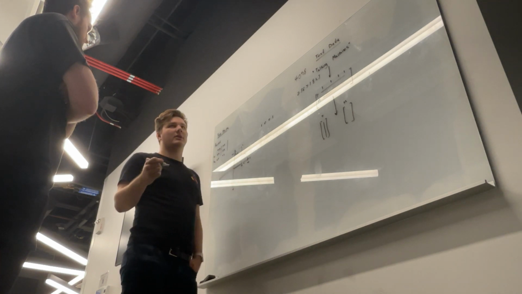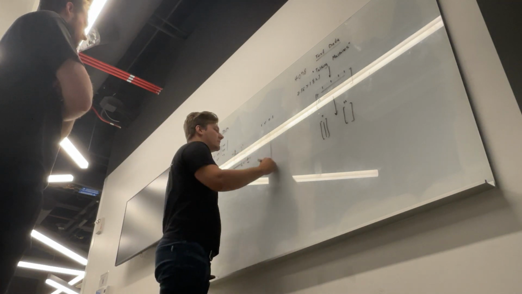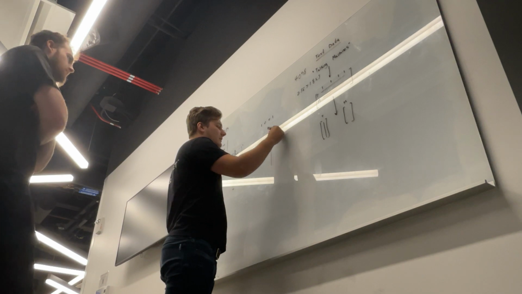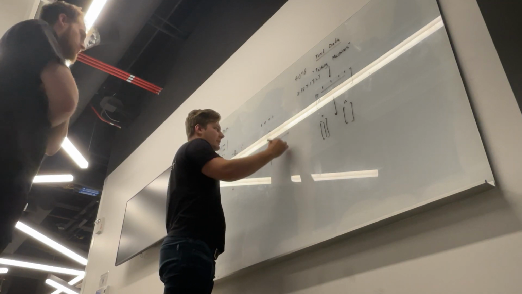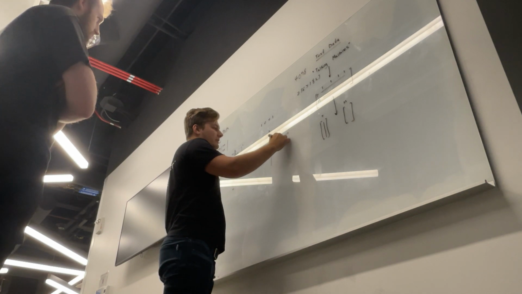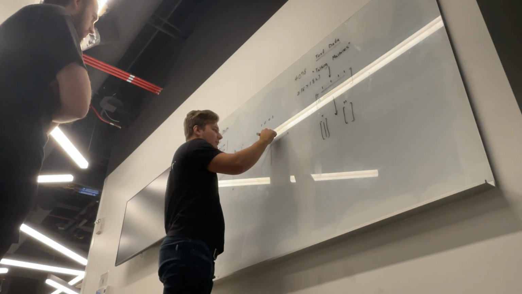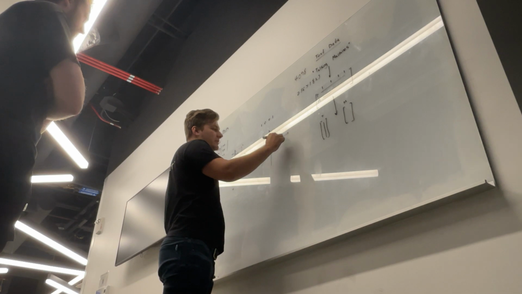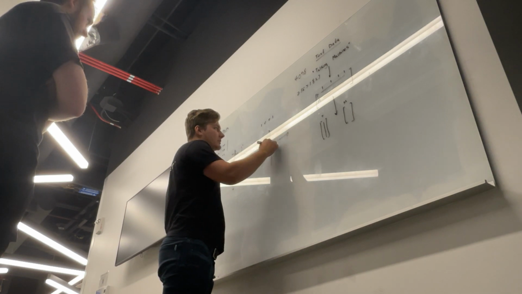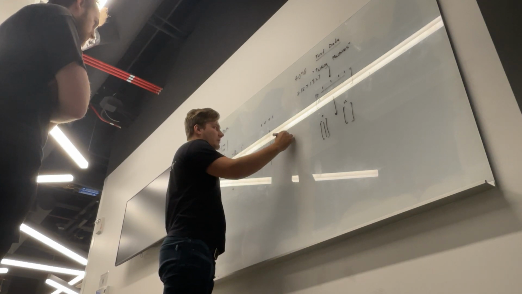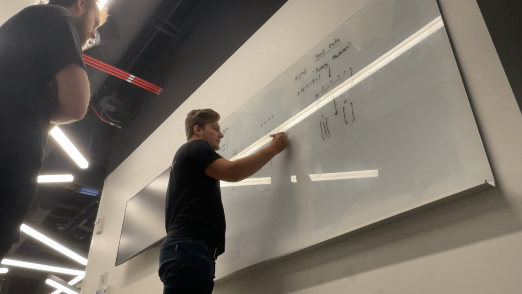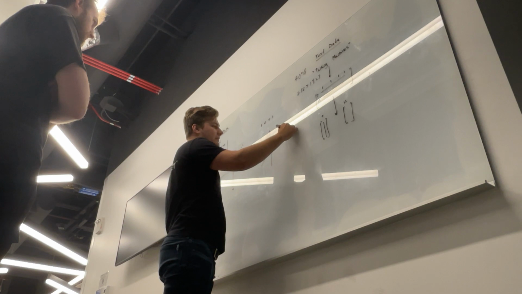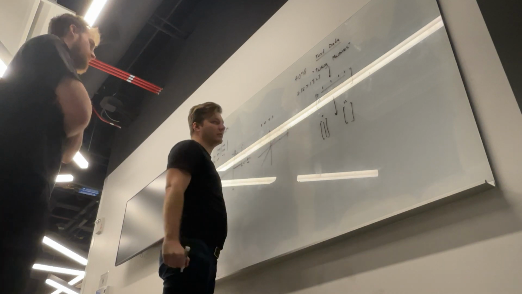Actually, let's do it like this. This is just barely at the point where there's a way of thinking about it. So 3D: here's 1, here's 1, 0, and then time step 1.